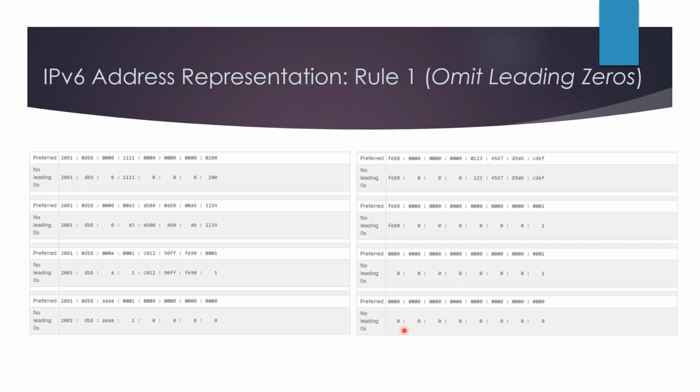If you go to the last one, all hextets have the value 0. In all of them you can omit the first three and use only the last one to write the hextet. And this is the format after we use the first rule.